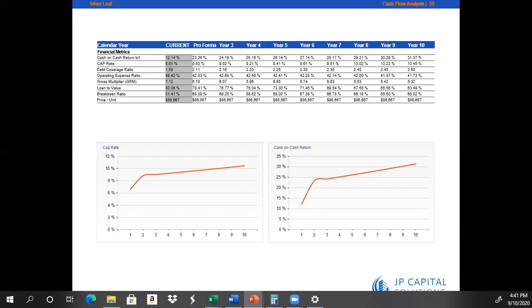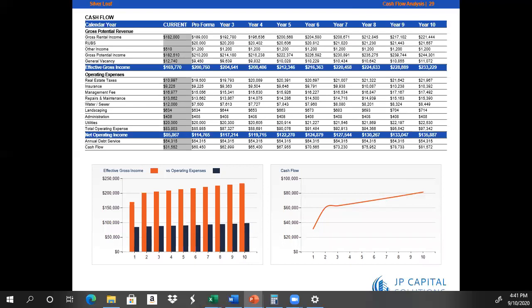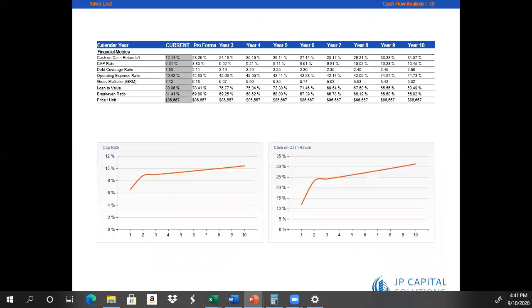But just a short little synopsis of what cash on cash is, just so you can follow: you take the net cash on hand, so in this case it's $31,552, and you divide that by your initial down payment. In this case, it was 20% of the 1.3 million, so you're looking at $260,000.